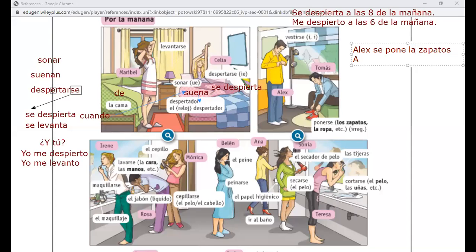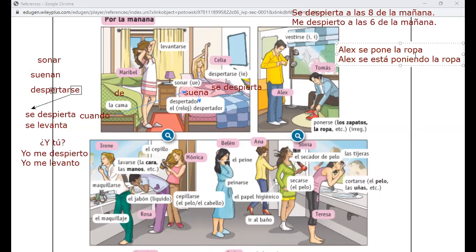Entonces, Alex se está poniendo la ropa. Now we mix it. Está poniendo. So, se está poniendo la ropa.